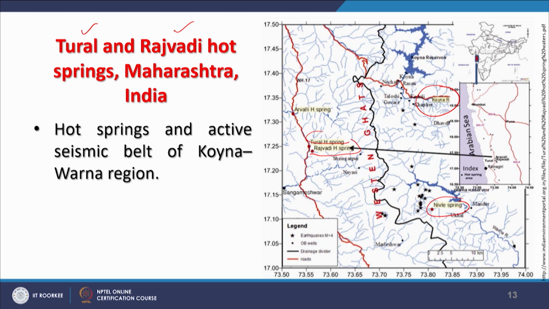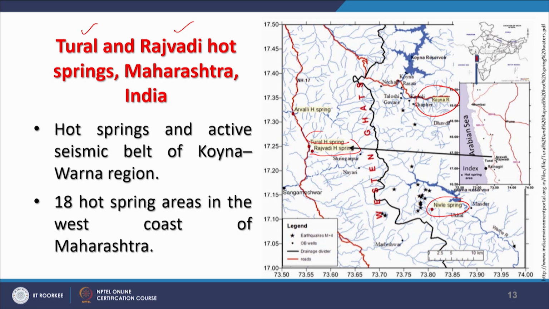One is volcanic activity, another one was geological faults or other things. But another one is seismic activity, which is again related with geological movements along the geological faults. And in Koyna Warna, which has a reservoir, reservoir induced seismicity is observed on a regular basis, and there also hot springs have been found.